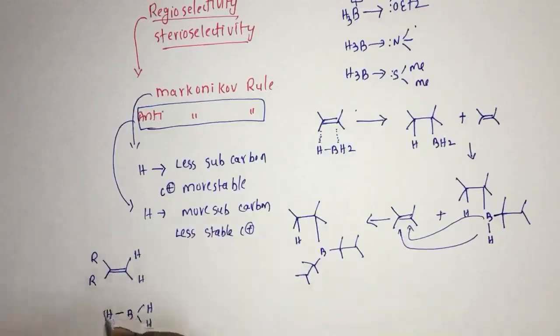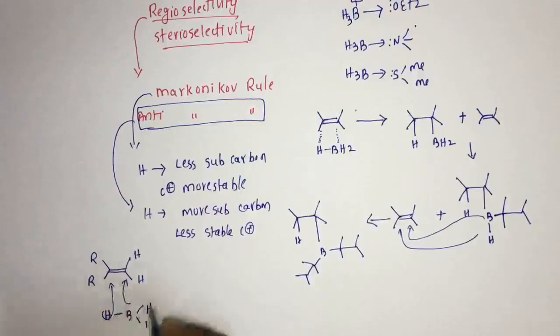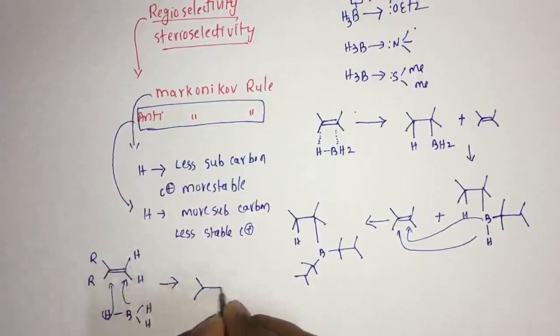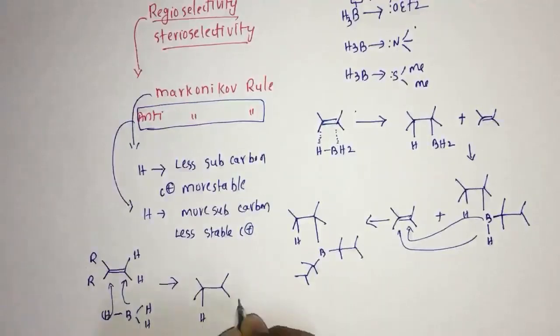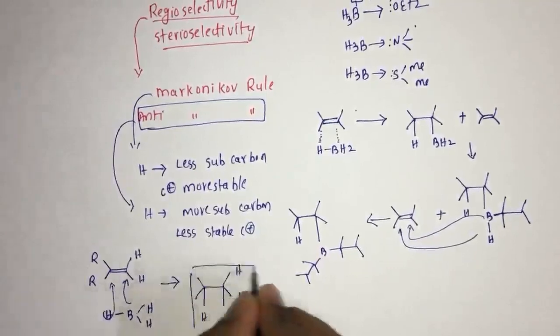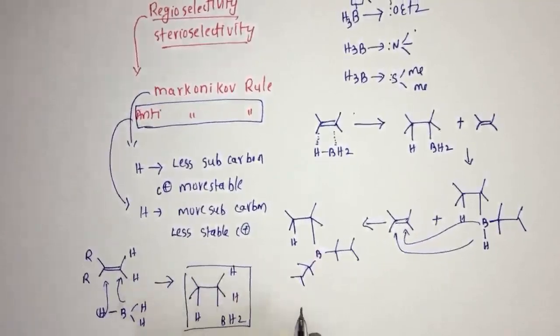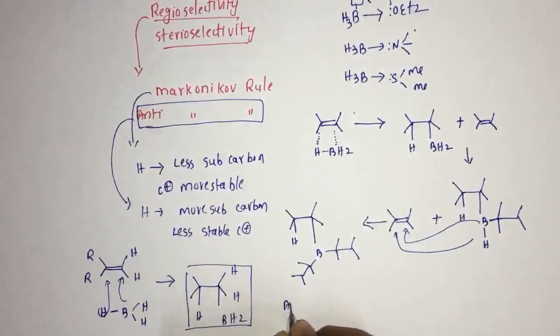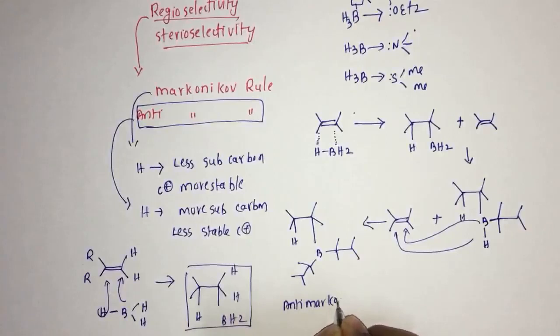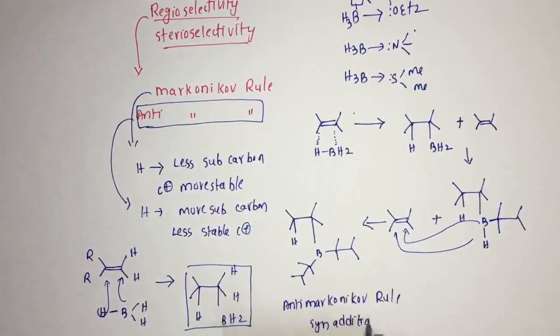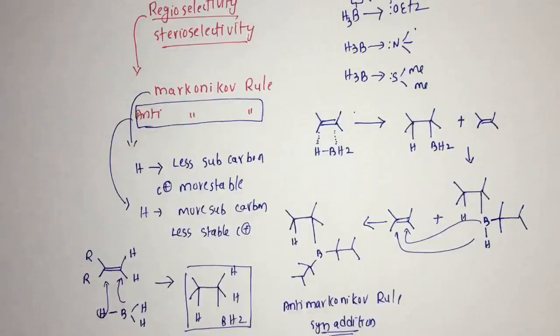So hydrogen goes here and boron goes here, and we get this compound. Just remember, hydroboration of alkenes follows the anti-Markovnikov rule and is a syn addition. So this is about regioselectivity.